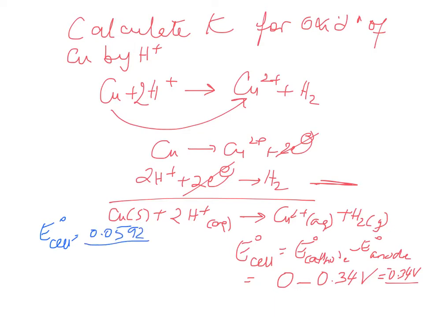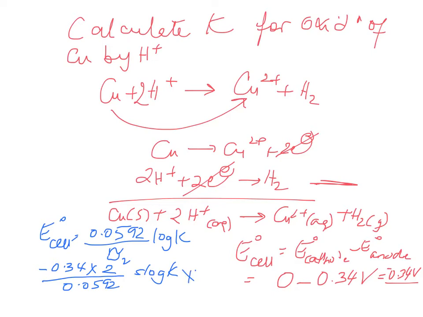0.0592 divided by n, the number of electrons, which by the way is 2 electrons in this case, log of K. And so if you had to determine log K, you would say negative 0.34 times 2 divided by 0.0592 is equal to log K. And so one can safely say that log K is going to be equal to negative 11.48, or that K is going to be equal to 3.3 times 10 to the minus 12.